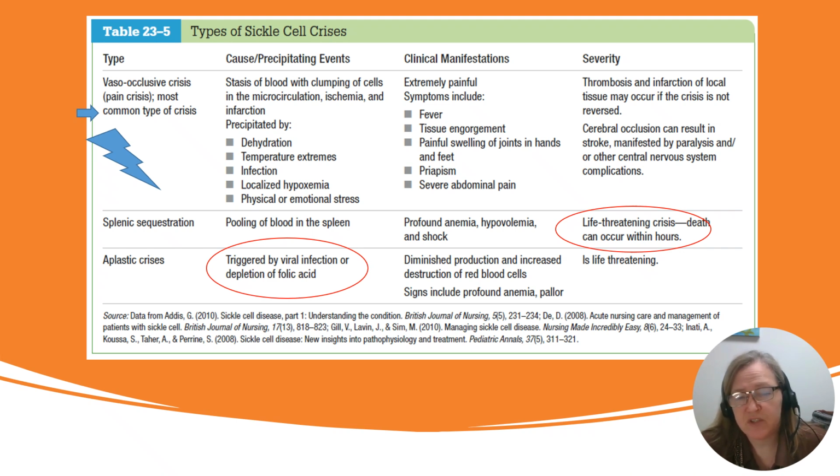One of the most life-threatening crises that a sickle cell patient can have is a splenic sequestration. When you have dead cells in your body, your macrophages go into action to remove those, and then they absorb them into your lymphatic system, and your lymph system drains those into your spleen.